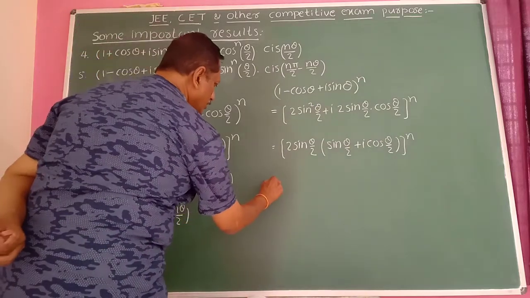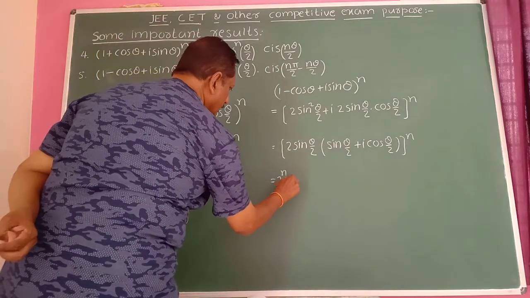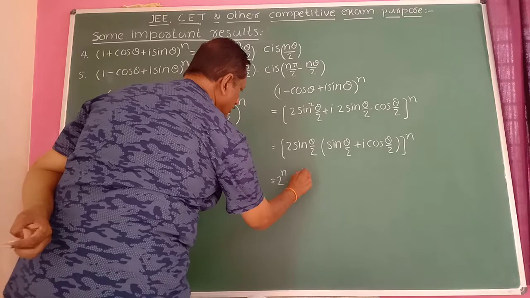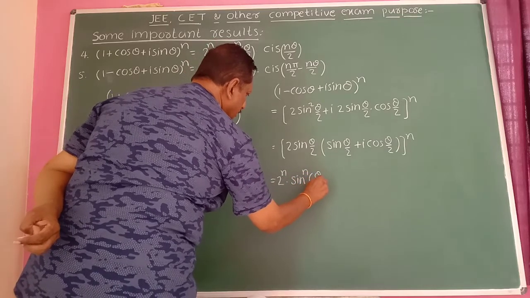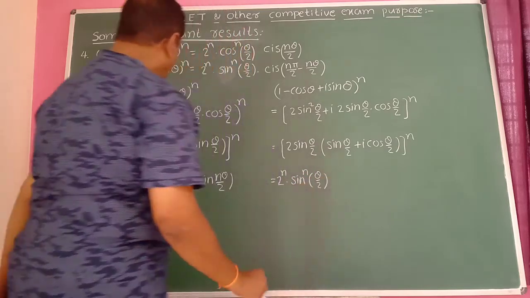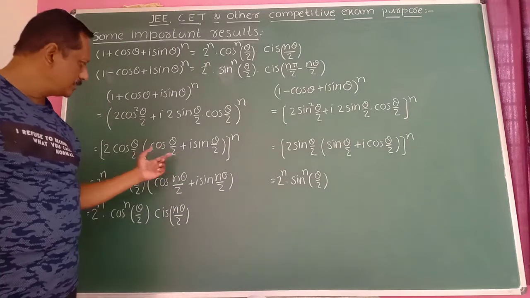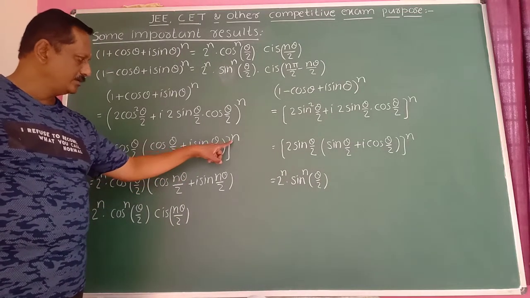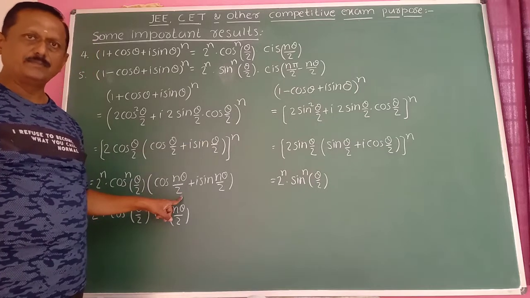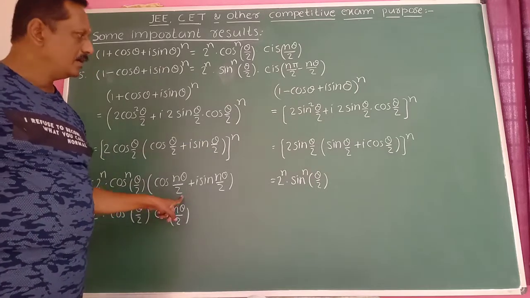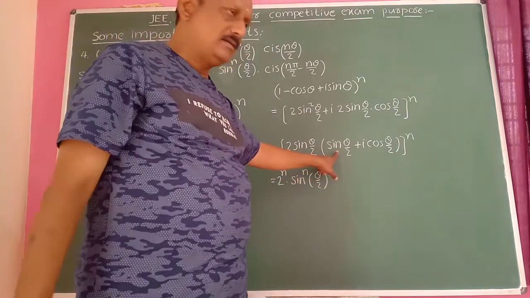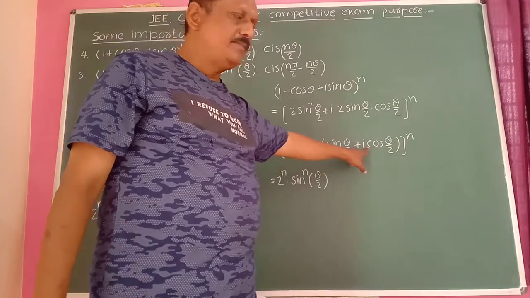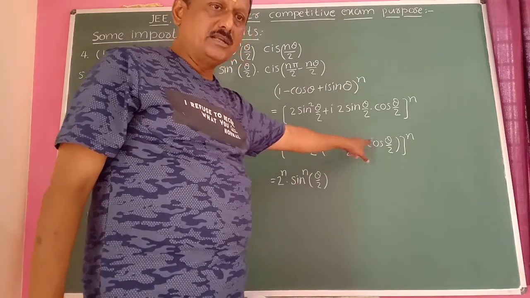Therefore this is equal to 2 raised to n into sin raised to n theta divided by 2. And here, especially, in the previous result the real part is cos and the imaginary part is sin, so you can directly use De Moivre's theorem. But here the real part is sin and the imaginary part is cos, so you can't use De Moivre's theorem here.